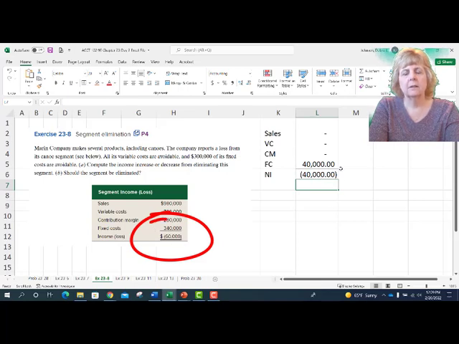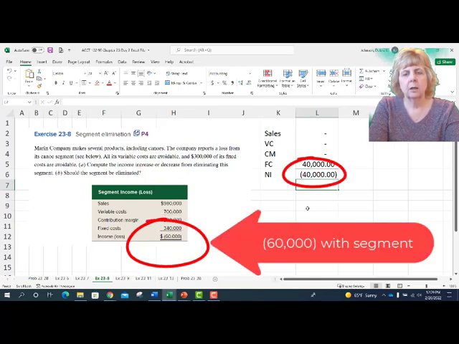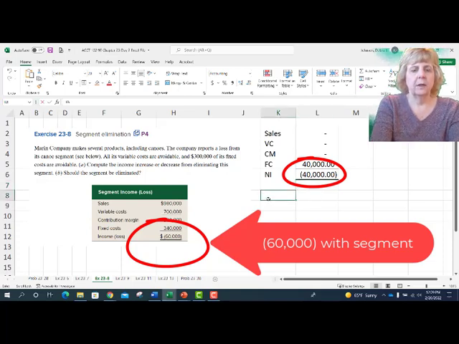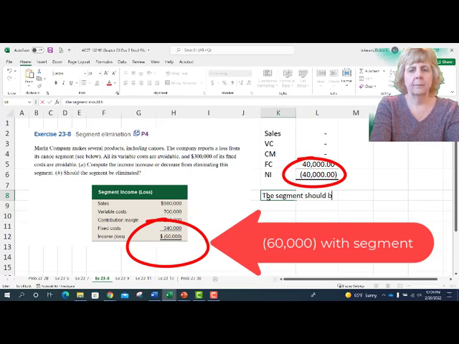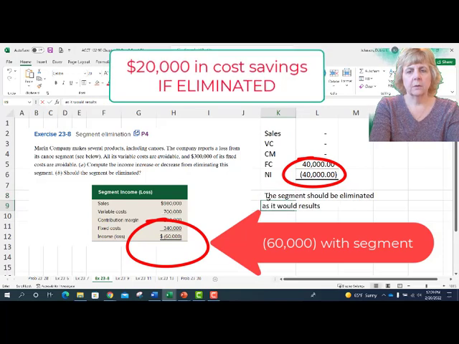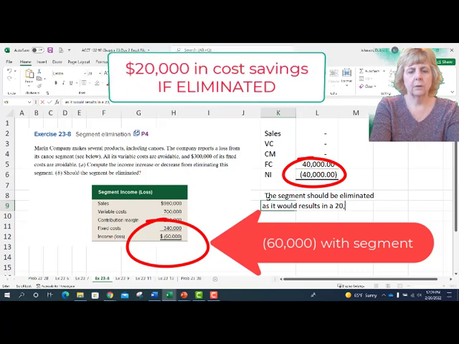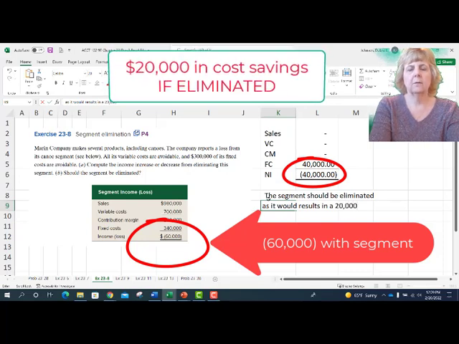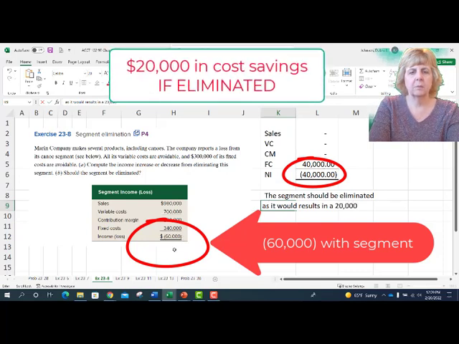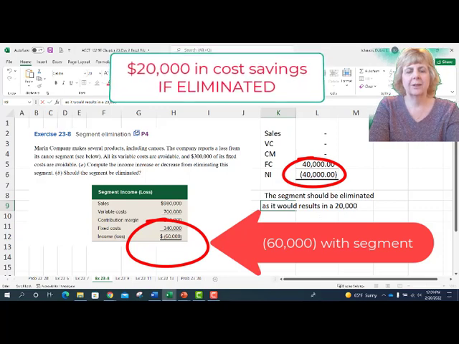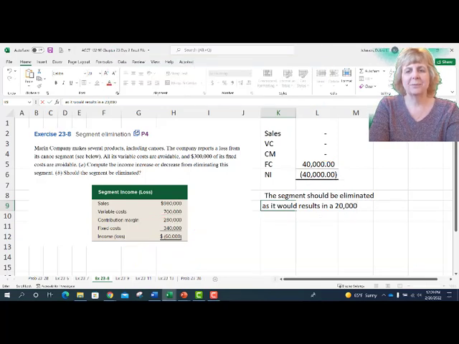The net loss if the segment was eliminated would be a net loss of $40,000. So the segment should be eliminated, as it would result in a $20,000 cost savings. That would be the difference between these two net losses. On to the next one.